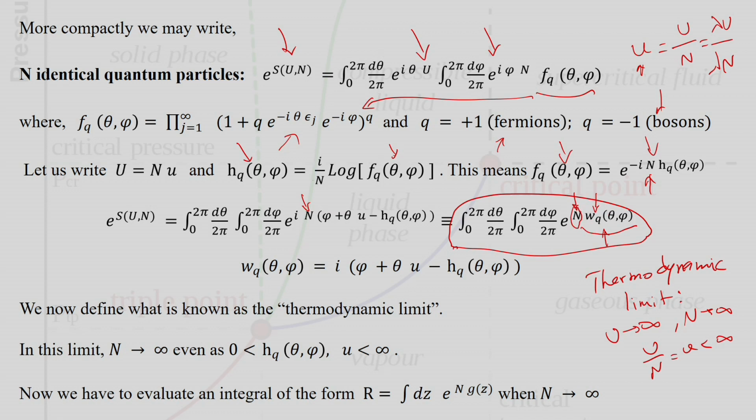Now I am forced to reckon with this type of integration where z is some, think of theta and phi as components of a complex variable. Maybe this is the real part, this is the imaginary part. So, I am going to be forced to think about this as an integral in the complex plane, where this is a function of z described by the real part theta and imaginary part phi.